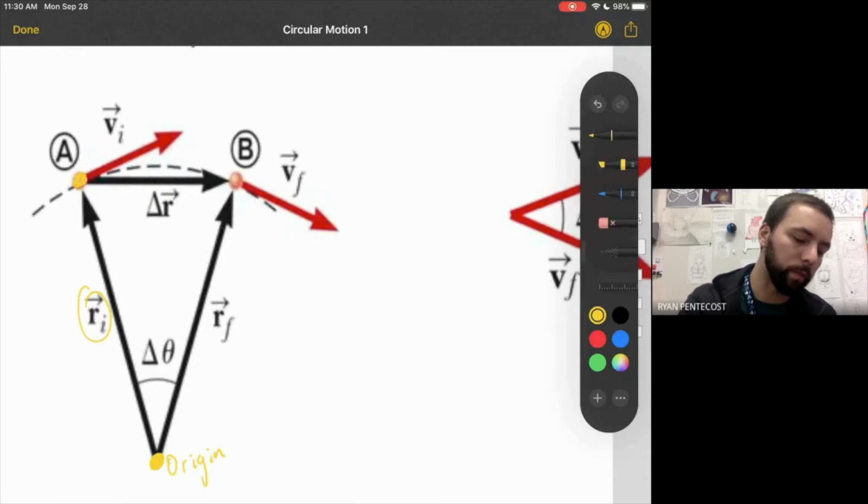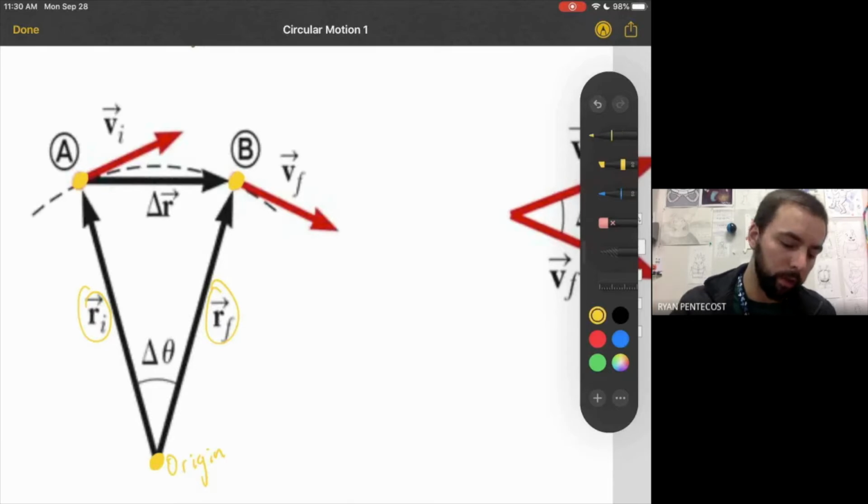After some amount of time, it has moved to point B on another point along this curve. That is shown by the position vector Rf. If you want to find the change in position, you would say that is delta R. And let me prove to you that what we're showing is true.